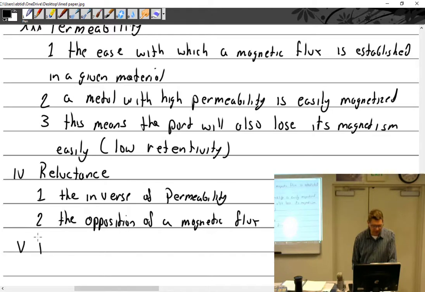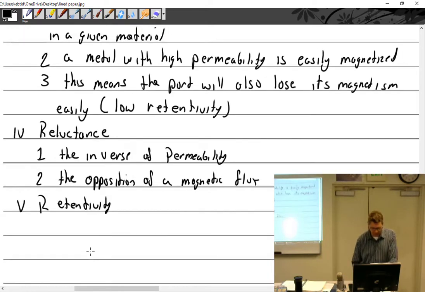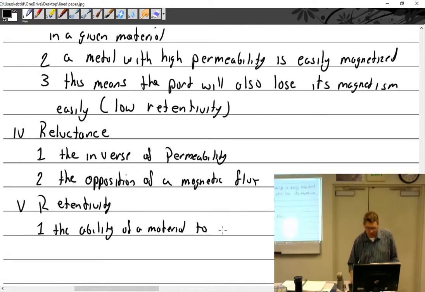And this is retentivity, because I only mentioned it, I didn't write it down. Retentivity: the ability of a material to retain magnetism.